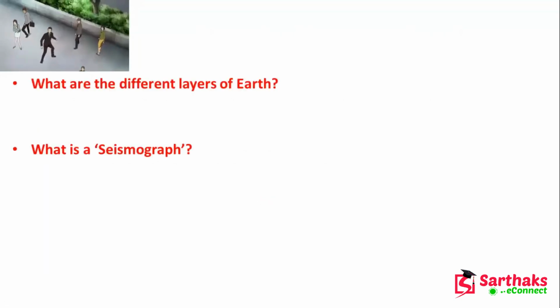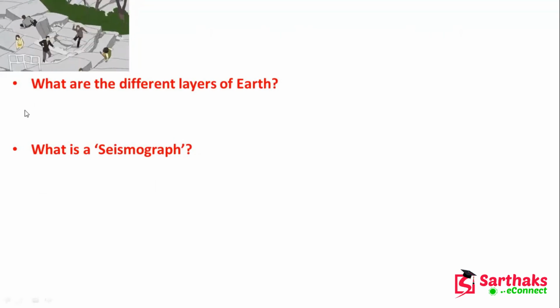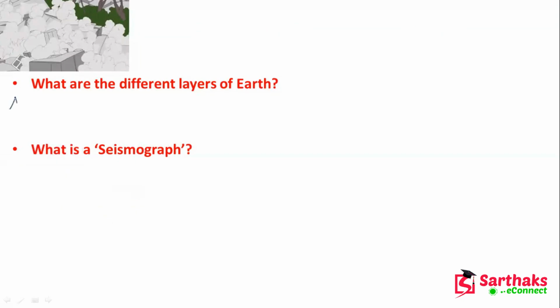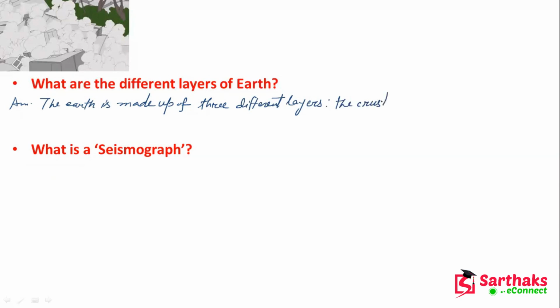Now, what are the different layers of the earth? The earth is made up of three different layers: the crust, the mantle, and the core.